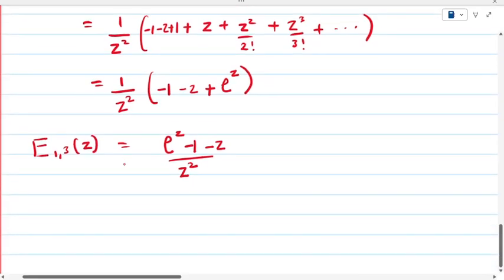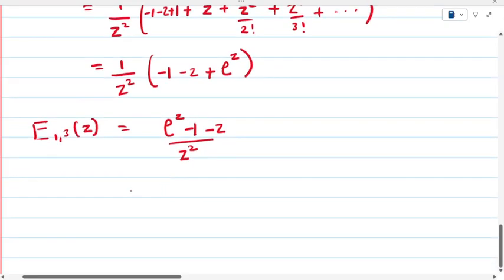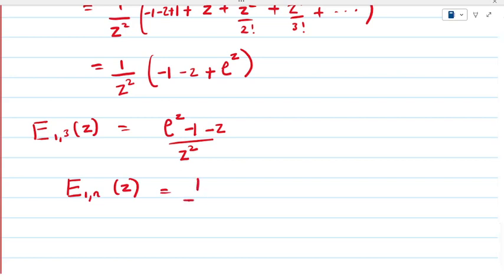With this now, I can derive the general terms. Looking at the Mittag-Leffler function E_{1,n} of z, because there's 3 here, we have 2 here. That 3 is our n, so that will be n minus 1.